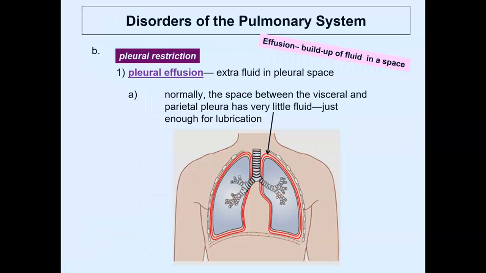Now let's talk about another type of restrictive disorder, and that's pleural restriction. Again, we go back to our anatomy and physiology. We have 2 pleural layers.